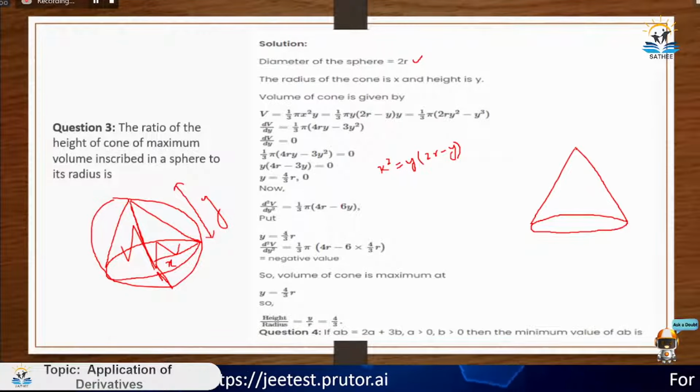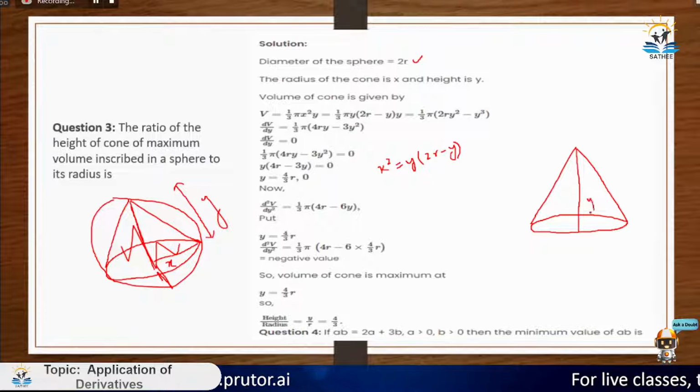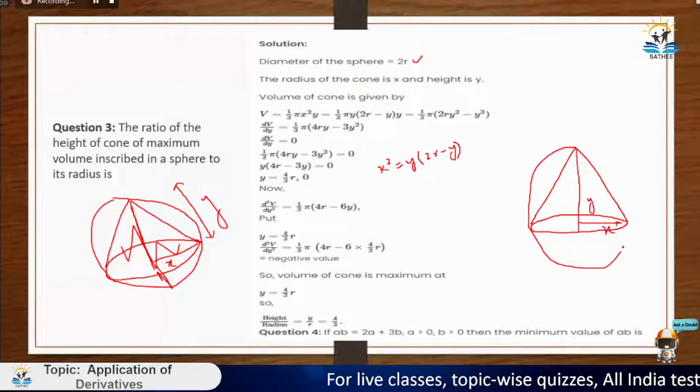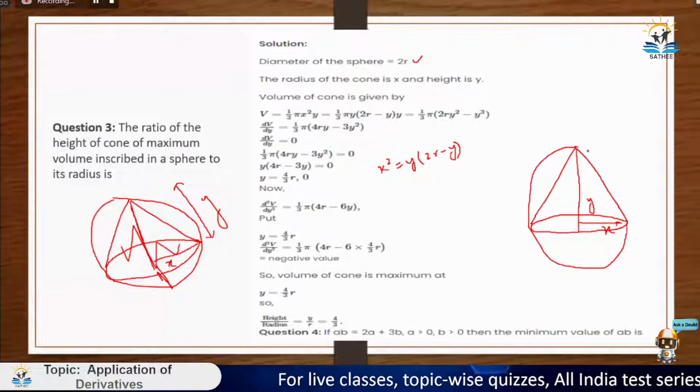मतलब अगर मैं आपको इसको समझाऊं तो ऐसे मान लो, this is my cone. Okay, and since my cone is symmetric from all points, so if this is my height y and this is the radius of cone, which is x. So what I can say is, if this is my sphere, let's say this is my sphere.